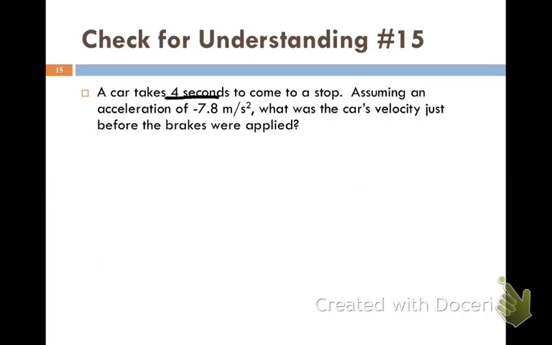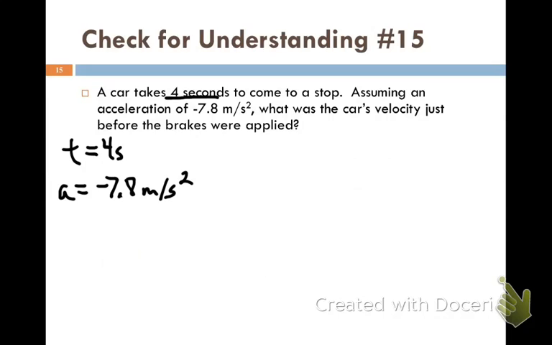So let's first just look at our givens. We have our time is 4 seconds, and our acceleration is negative 7.8 meters per second squared. And it's important to recognize that our acceleration has direction, and in this case, it's going in that negative direction.